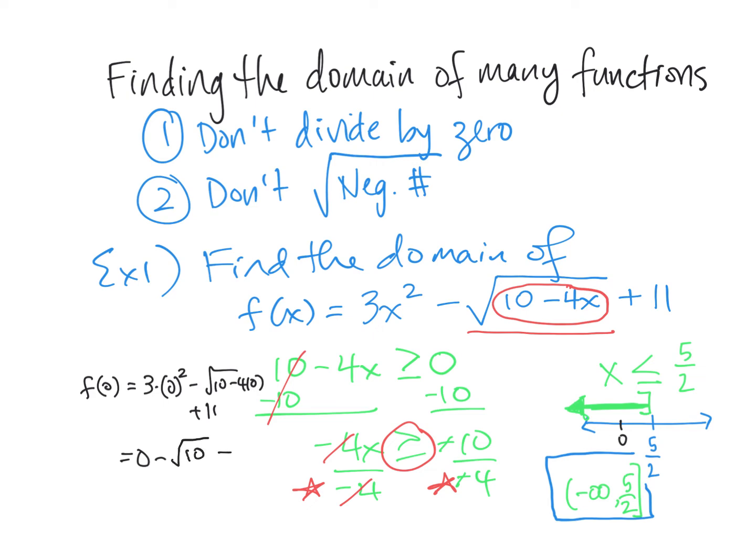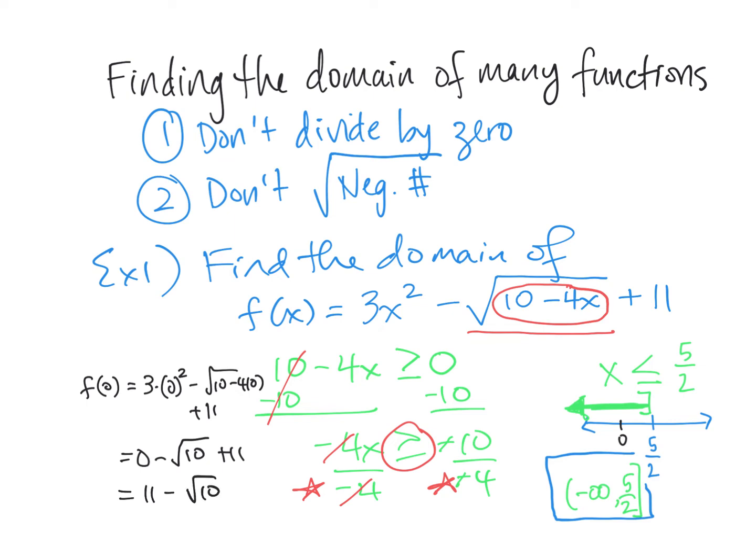And then I have that plus 11. And it turns out that the last thing that I can do to simplify this is basically say the 11 plus 0 is still 11. And so I have 11 minus the square root of 10.